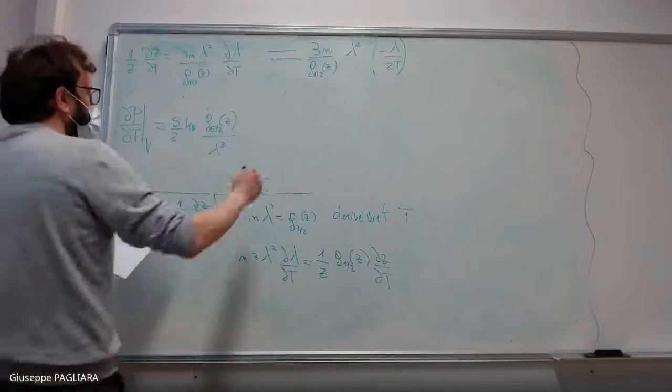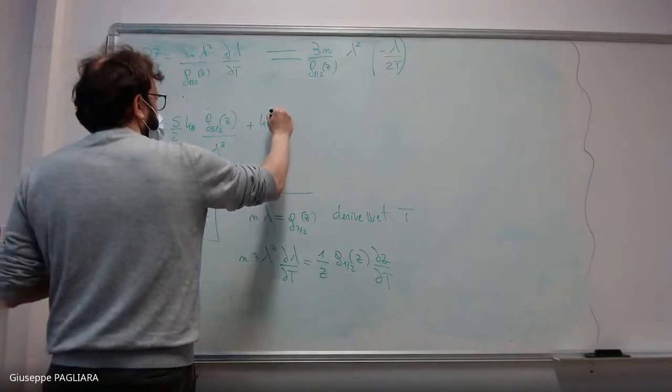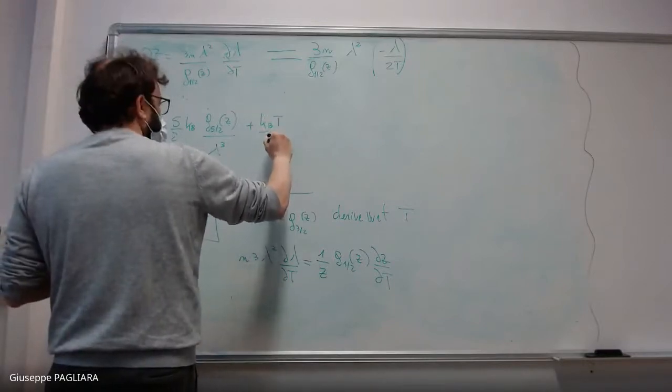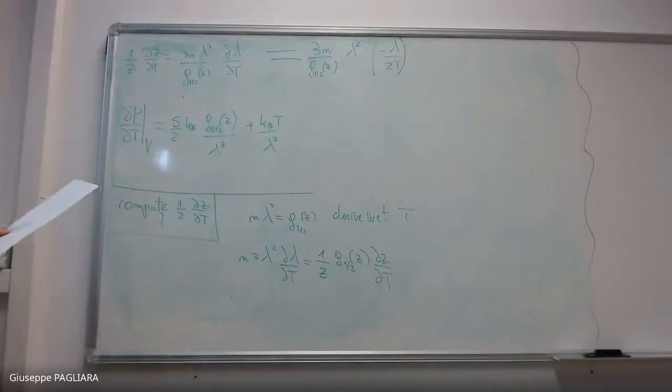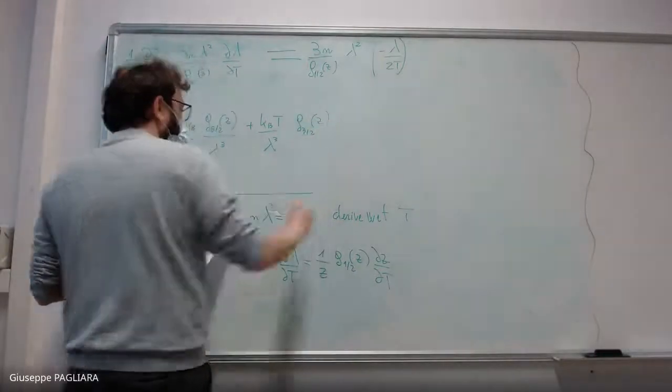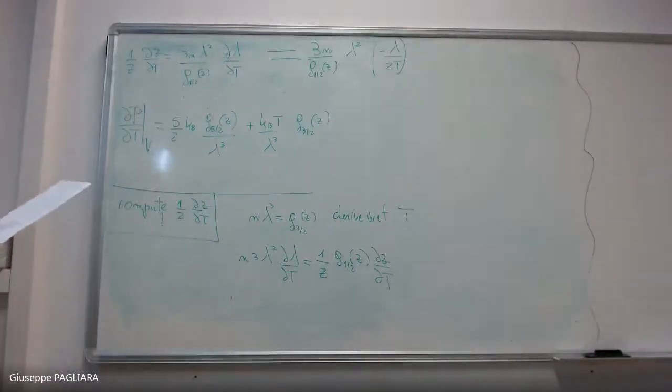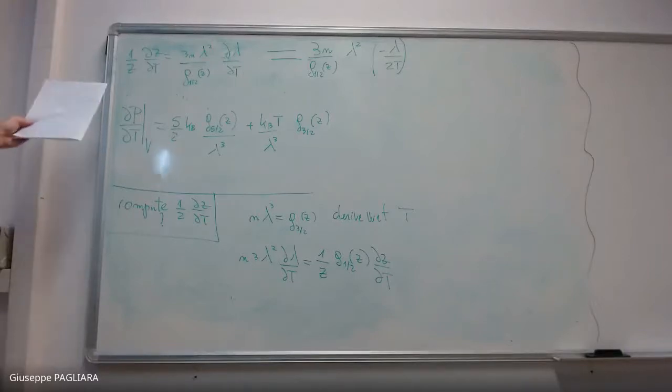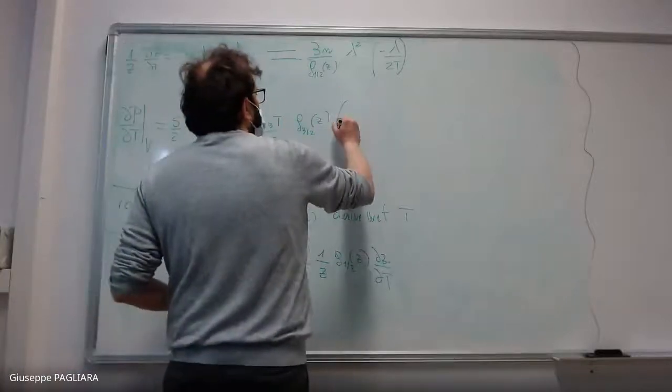Then there was plus k_B T divided by lambda cubed, and then there was the derivative of g_{5/2} with respect to T, which was 1 over z, g_{3/2} of z, and then there was 1 over z derivative of z with respect to temperature, which now can be introduced here.